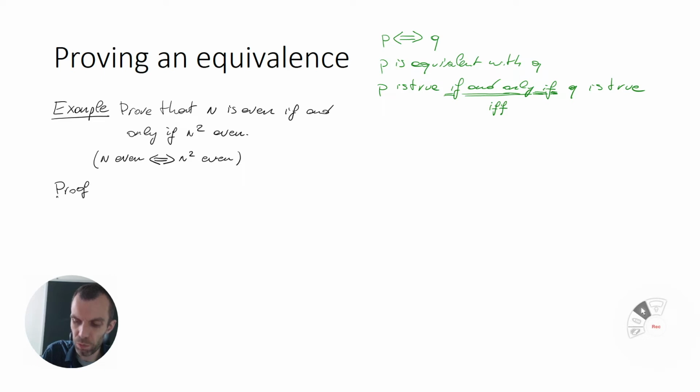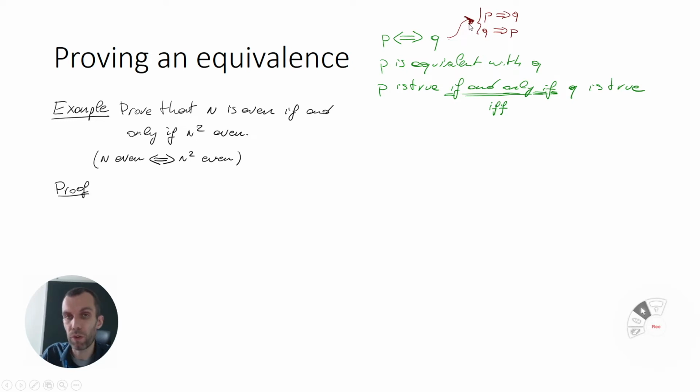So how do you prove this kind of equivalence? Well, the notation already indicates it a little bit. So this statement is the same as saying that P implies Q and Q implies P. So these two things have to hold at the same time.